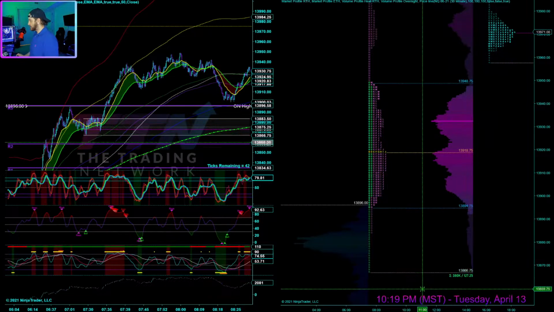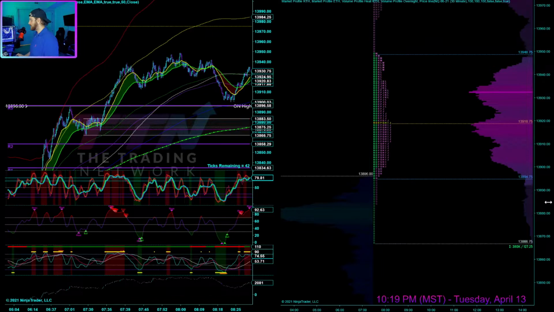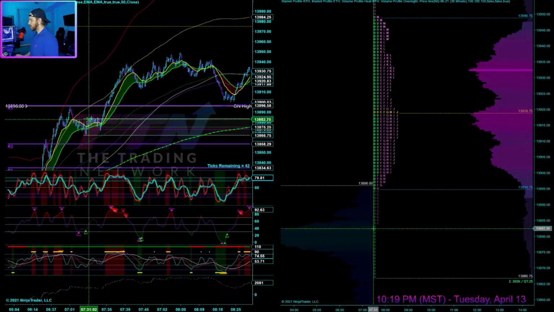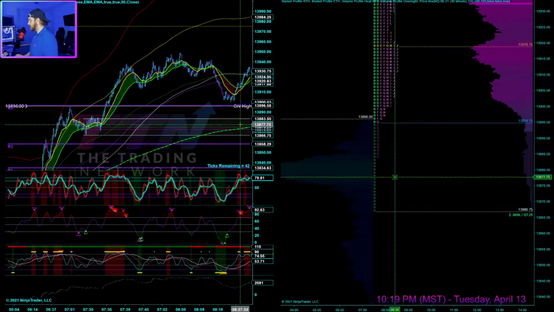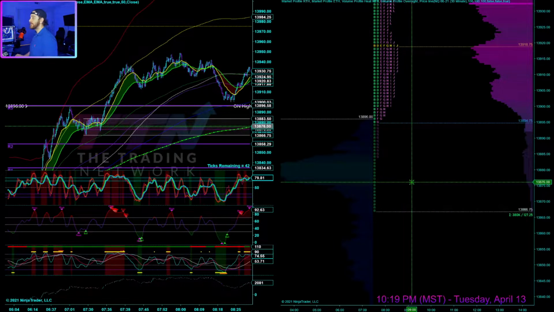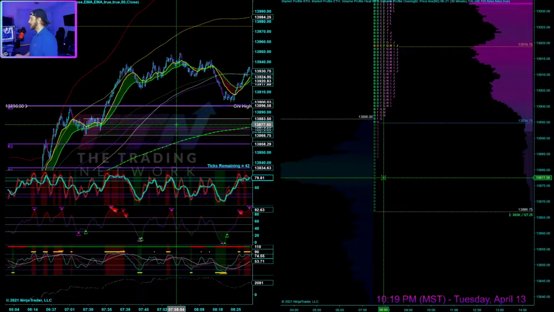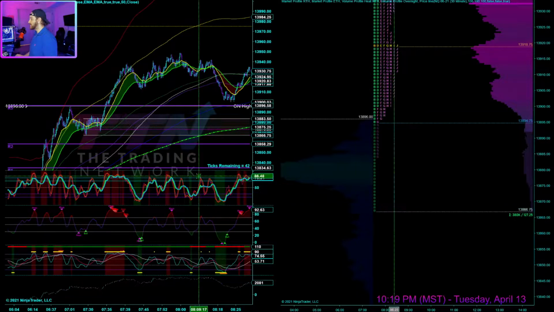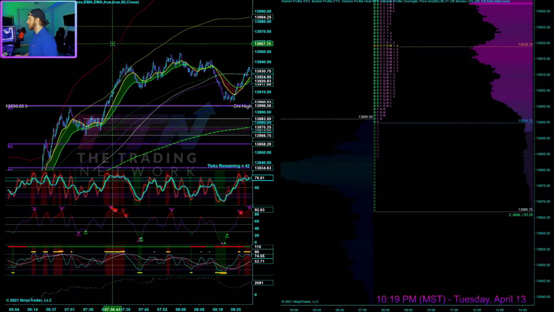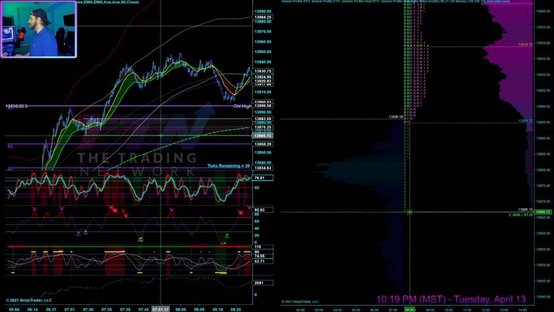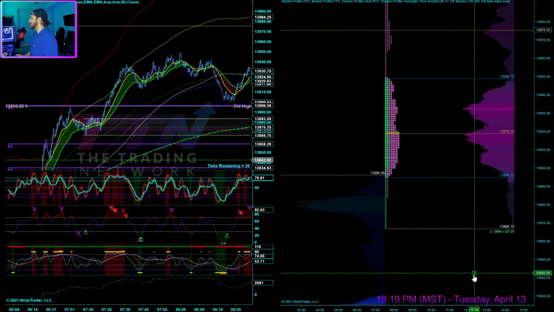If I zoom in here, you could consider this an open test drive as well, because we did open up, come back down a little bit, and then drive. You can see here the O period, that is where we opened. We came down, tested the opening range low, created the opening range low, if you will, and then we drove up. And we never revisited this level for the rest of the day.